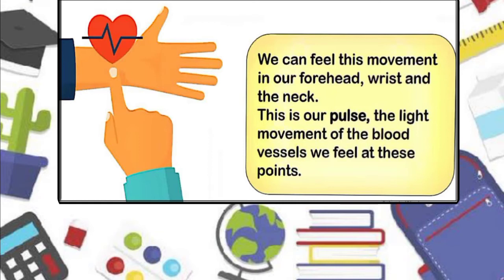Feel your pulse by placing two fingers on your wrist. A doctor uses a stethoscope to listen to the heartbeat. When we do some physical activity like exercise, more blood has to be sent to the muscles and the rate increases.